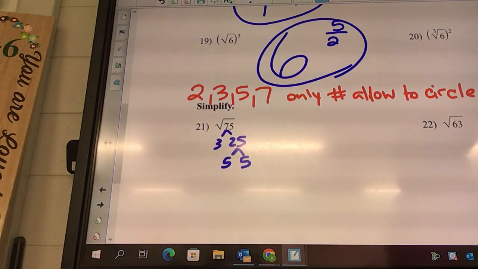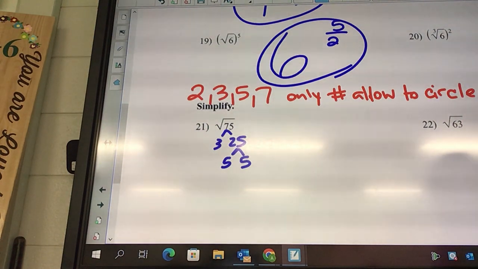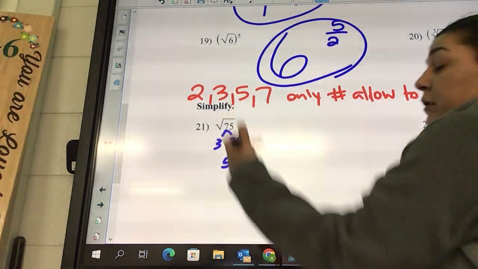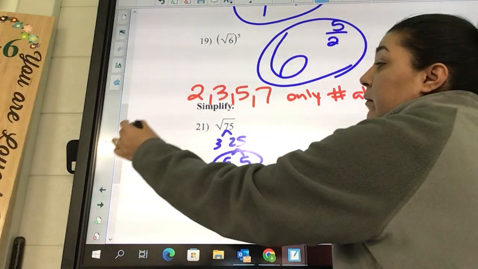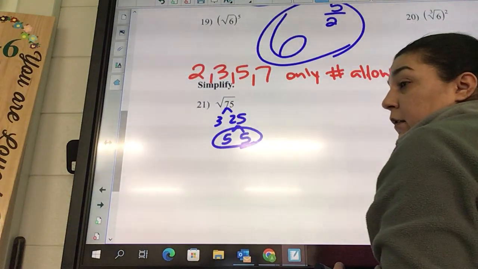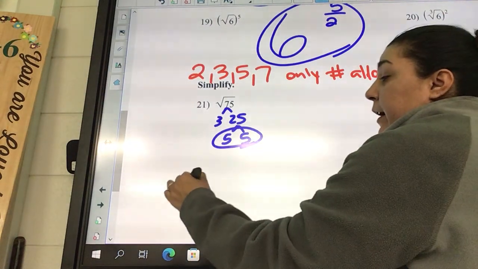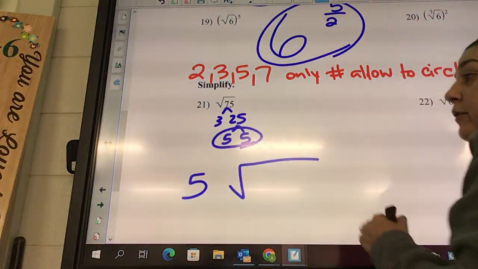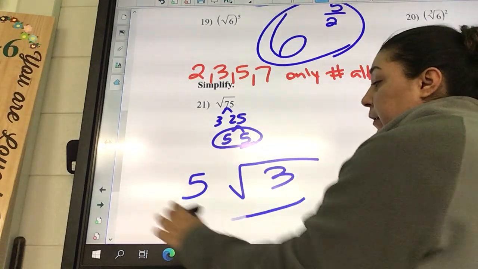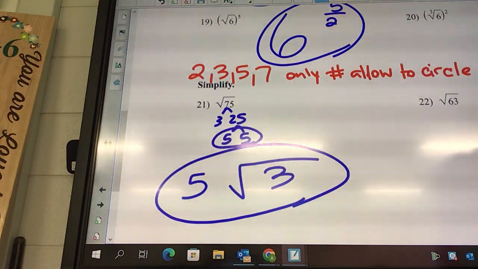What is our group number? Okay, our group number is 2 because there's no number there. So where do those go? They go outside, okay? And then who can't go? 3. Perfect. We got 3 left.